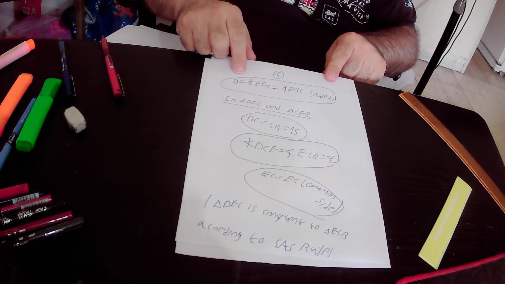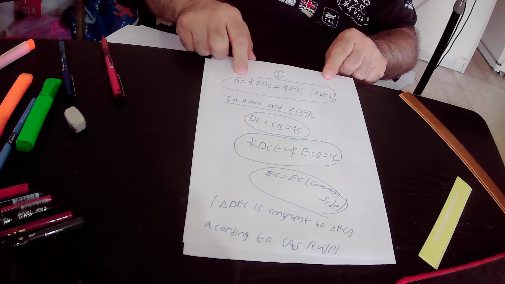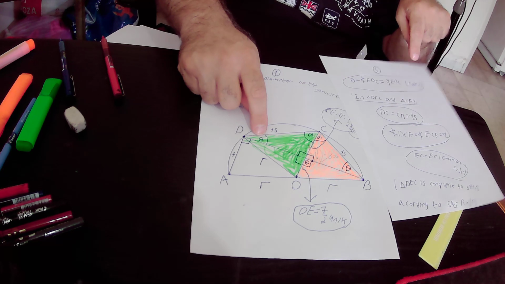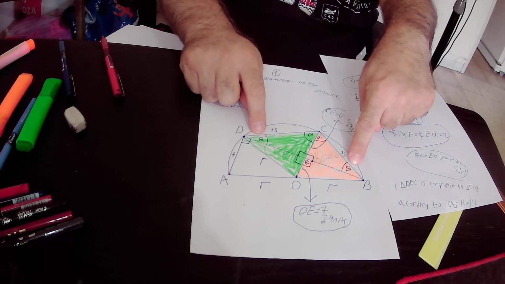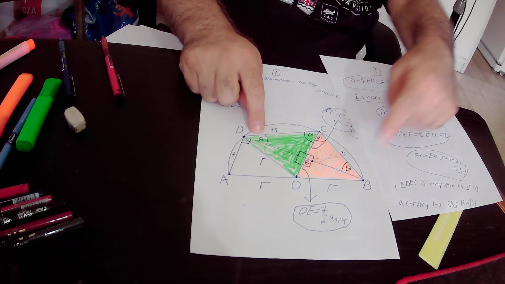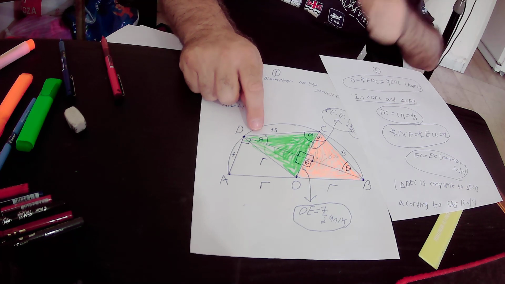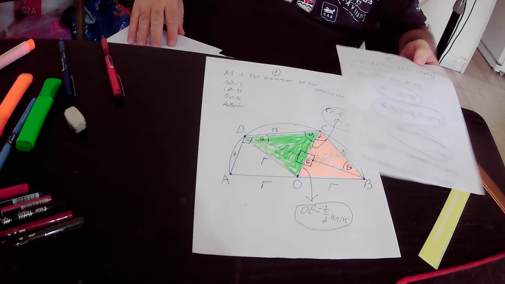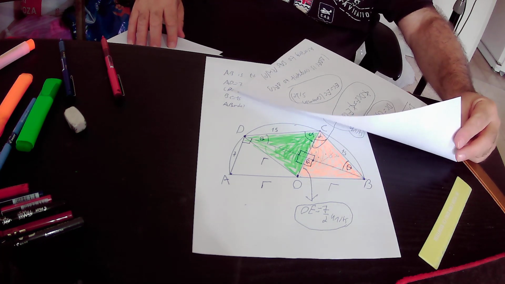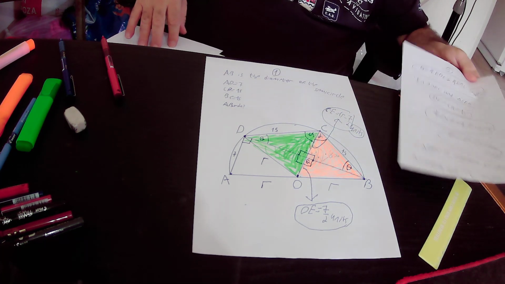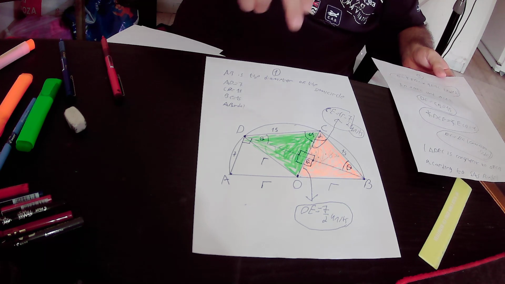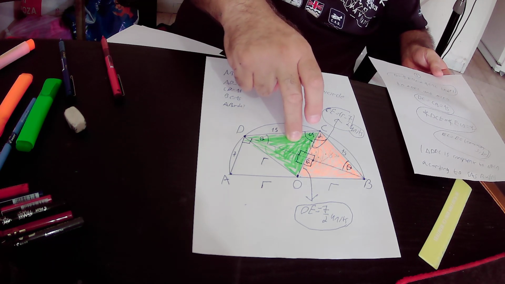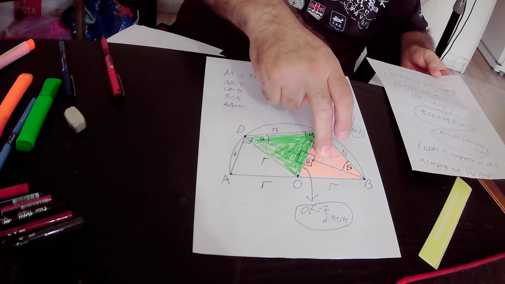And if we define one angle as theta, then the other angle will also equal theta. So we define this angle as theta, so the other angle must also equal theta. Okay? Then we focused on two triangles, on triangle EDC and on triangle ECB.